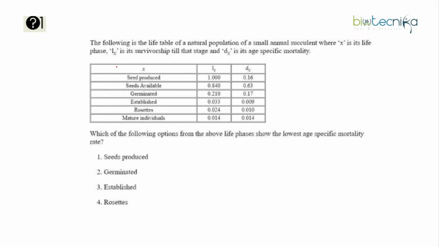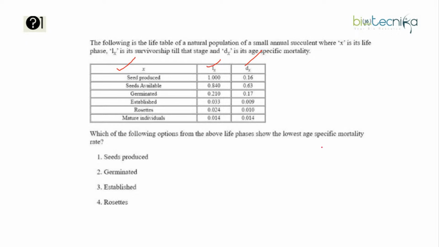So they have given you the stages: seeds produced, seeds available, germinated, and so on. And then you have Lx given to you, dx is given to you.